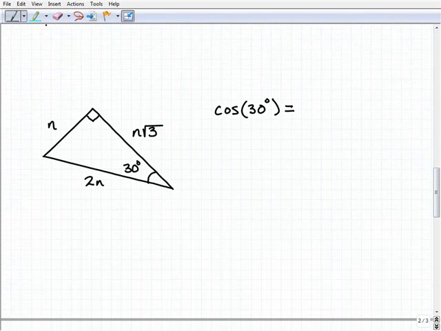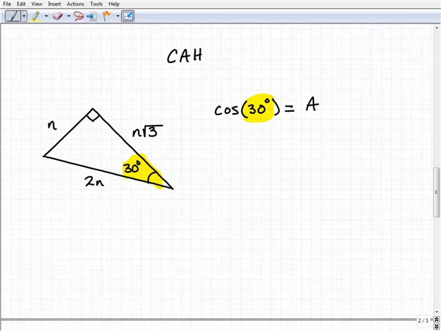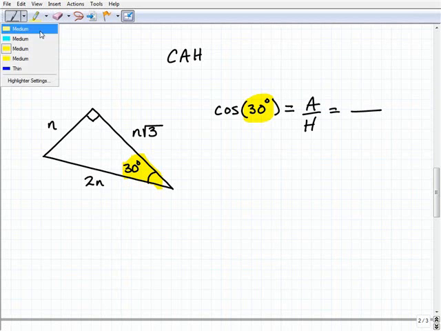How about this one here? Now we have cosine of 30 degrees. Here, 30 degrees is located here, so we have to think about where the opposite, the adjacent, and the hypotenuse are located. Cosine is associated with CA, so that'll be the adjacent side over the hypotenuse. Which one is the adjacent side here?